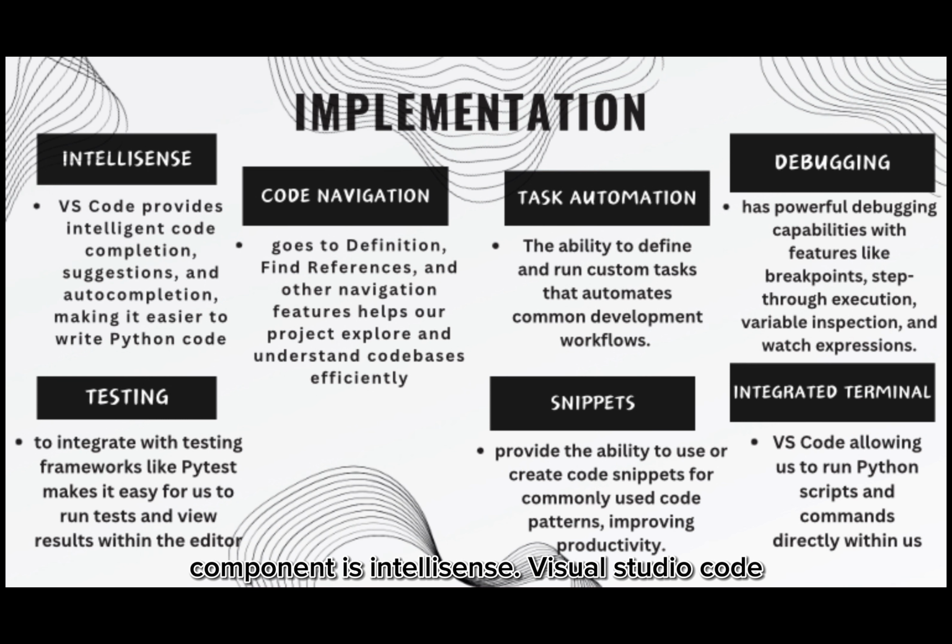In developing the food waste reduction project using Visual Studio Code, some of the key components are IntelliSense. Visual Studio Code provides intelligent code completion, suggestions, and auto-completion, making it easier to write Python code. Next, code navigation: go to definition, find references, and other navigation features help explore and understand code bases efficiently. Thirdly, an integrated terminal, allowing us to run Python scripts and commands directly within it. Additionally, testing integrates with testing frameworks like PyTest, making it easy for us to run tests and view results.